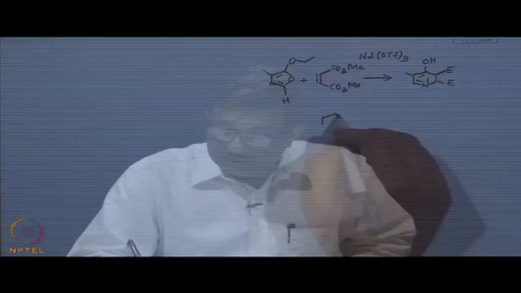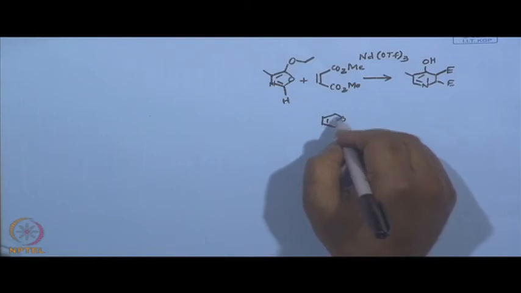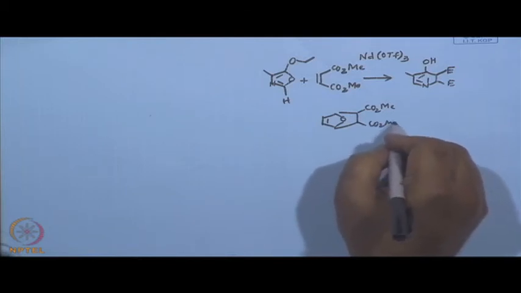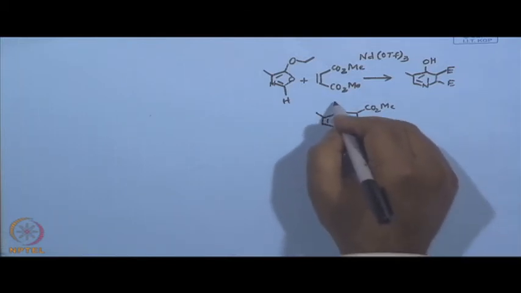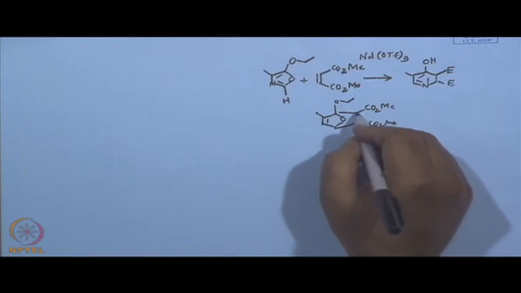Neodymium triflate, 40 mole %. It gives you straightaway this Diels-Alder followed by cyclization. Now, it is not retro Diels-Alder. If you just work out this mechanism, you will see it is not really a Kondrat'eva reaction. Finally, you have this rearrangement taking place in the presence of acid.